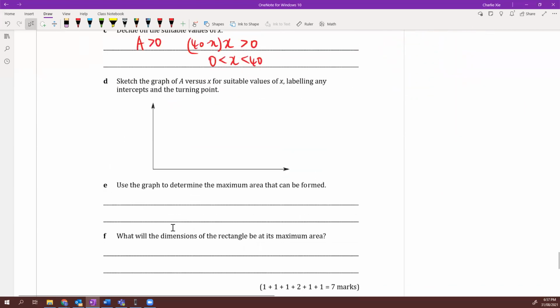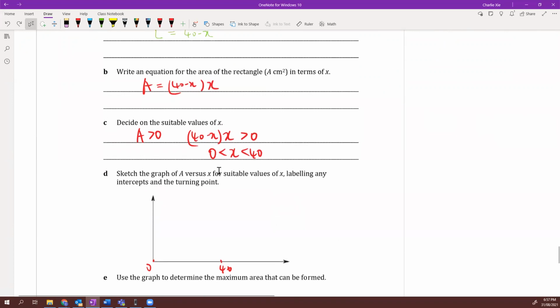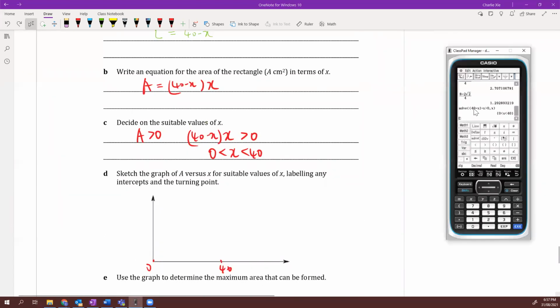Okay, D. Sketch the graph of A versus x for suitable values of x. So between 0 and 40. We are talking about that one. Okay, so that's a parabola like that. This one, you could just use your calculator sketch.